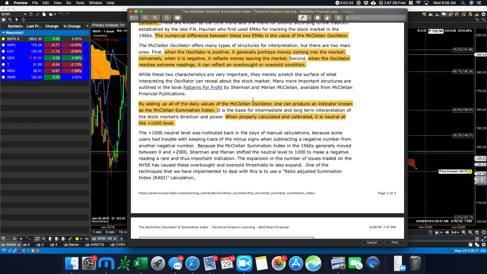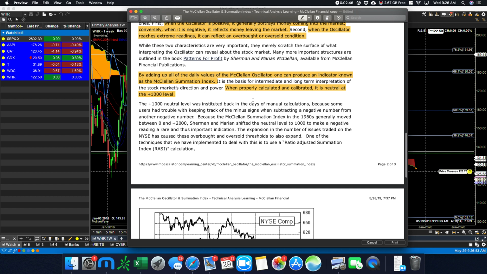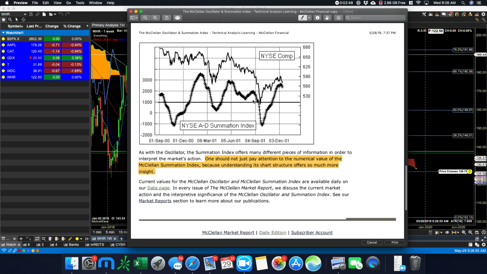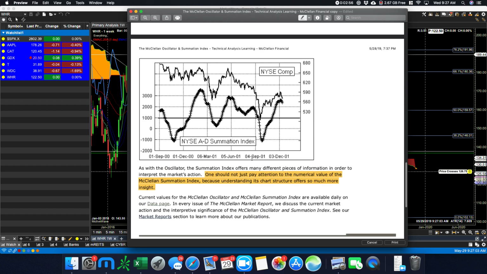Now, the McClellan Oscillator can produce an indicator known as the McClellan Summation Index, which is neutral at 1,000, and right now it's sitting over 2,000. What's important here is not just to pay attention to the numerical value of the index, but to understand that its chart structure offers so much more insight.